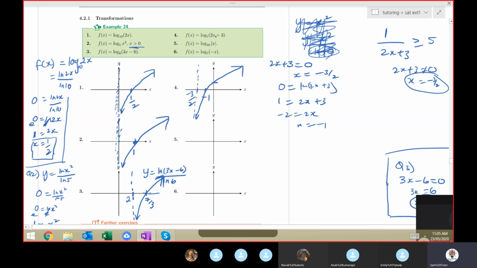When x equals 0, 2 times 0 is 0. 0 plus 3 is 3. Hey, I actually get log 3 on log 7. So there is a y-intercept.